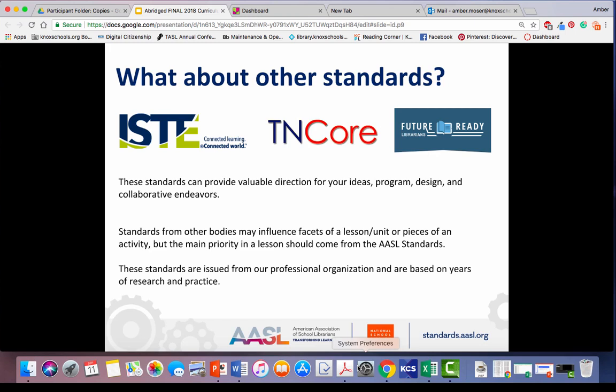And the reason we are kind of hitching our cart to that so heavily is because those standards have come from years and years of professional research and revision, and we feel that they are the very best of what's out there that can help us design programs that will assist students in becoming college and career ready. So, if your principal were to say to you, so what are your standards?